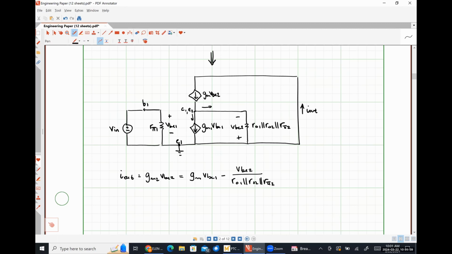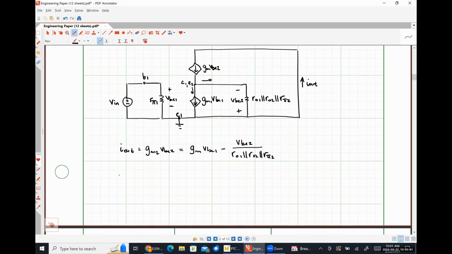Okay, so a couple of things here. I can see very easily that VBE1 is just Vn. And I can see very easily that VBE2 is just I out over GM2, looking at that relationship right there.